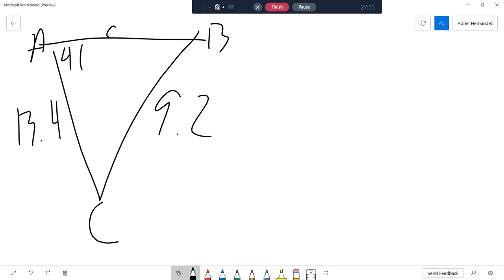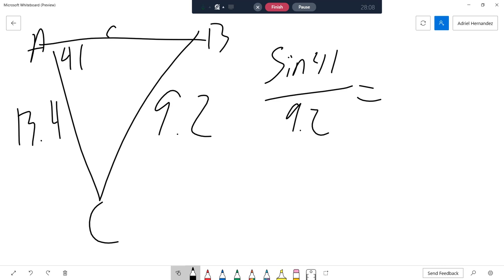sines, and you're going to put sine A over, sine of 41 over 9.2 equals sine of B over 13.4.